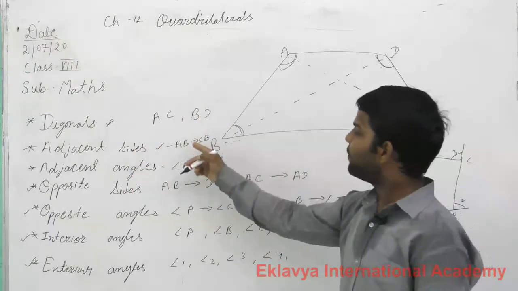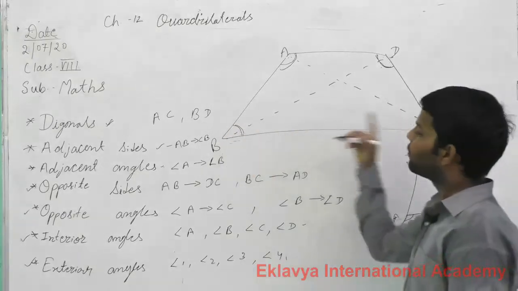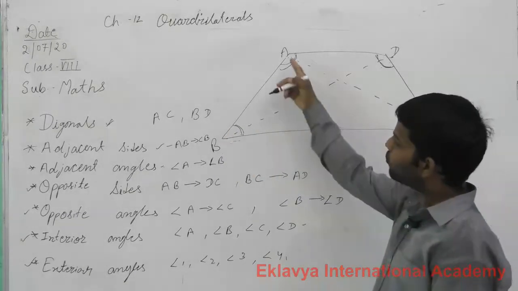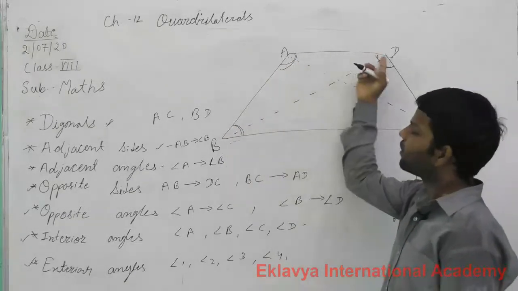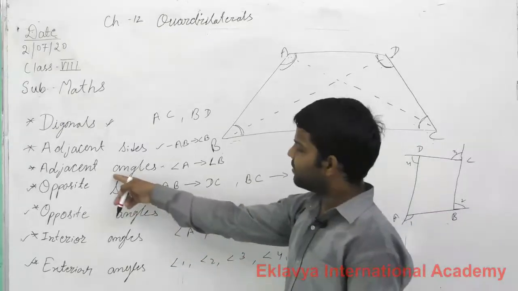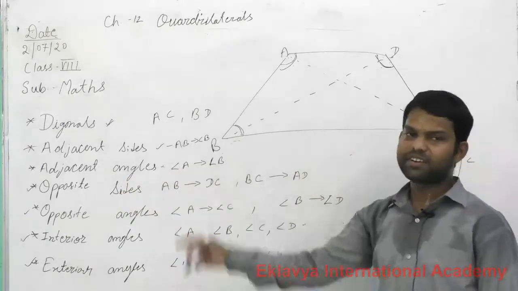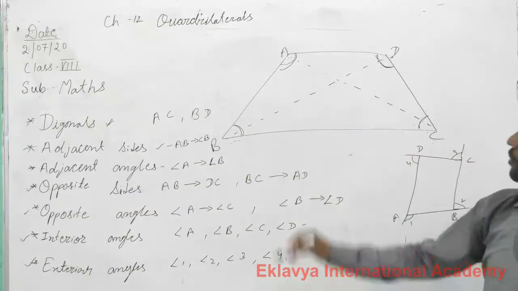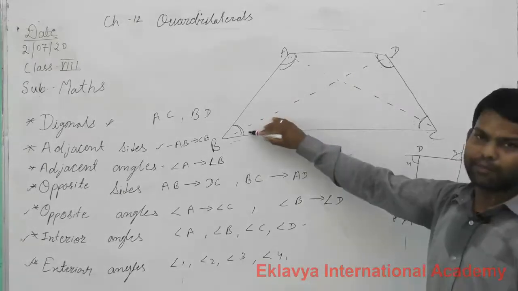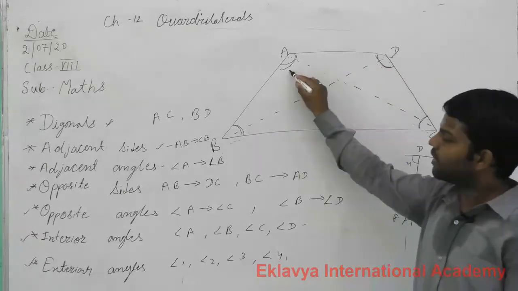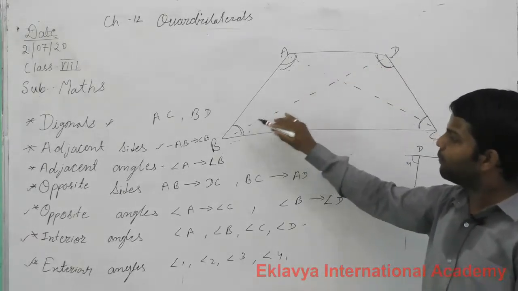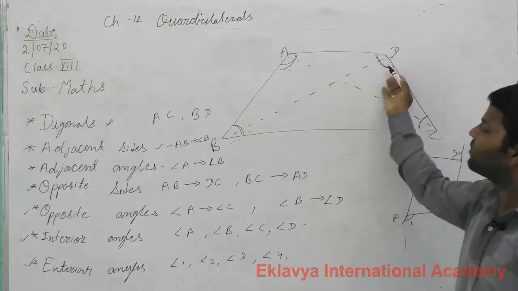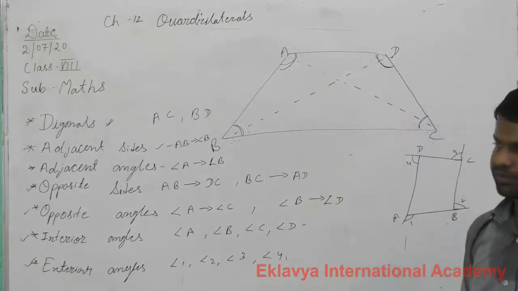Then we say AB is nearby of BC. Otherwise we also can say AB is nearby of AD. Next, adjacent angles, again nearby angles. So angle A is adjacent of angle B and angle A is adjacent of angle D also.